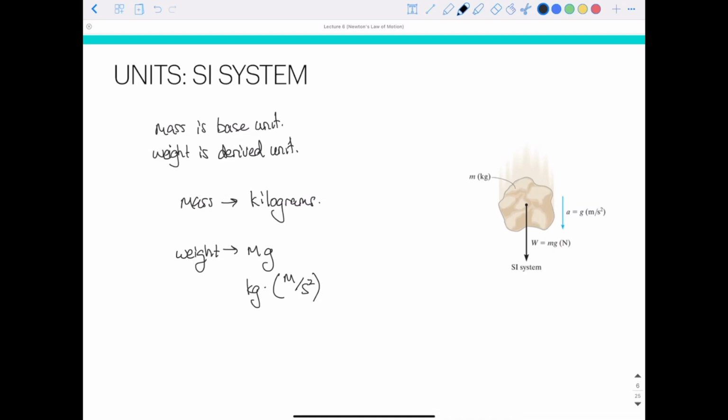This is the force newtons written in base units, which is just capital N. So on Earth's surface, the acceleration due to gravity is 9.81 meters per second squared. So this is the SI system.